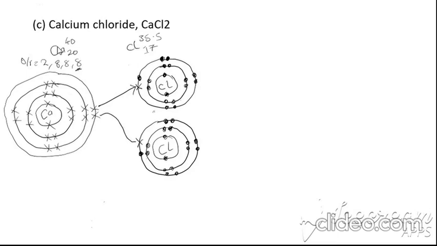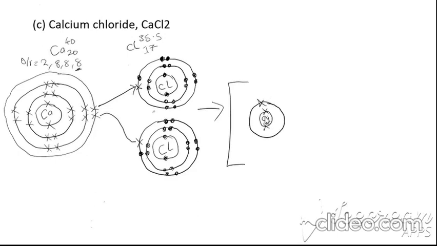So that's how you're supposed to do it. That's the reason we are seeing 2 here, which means you're having 2 chlorine what? Atoms. And then this side, you just have to show how this calcium will look after what? Losing, and how these 2 chlorine atoms will look after what? Gaining. So I'm going to draw for calcium. So Cl like that, and then I'm going to do that.